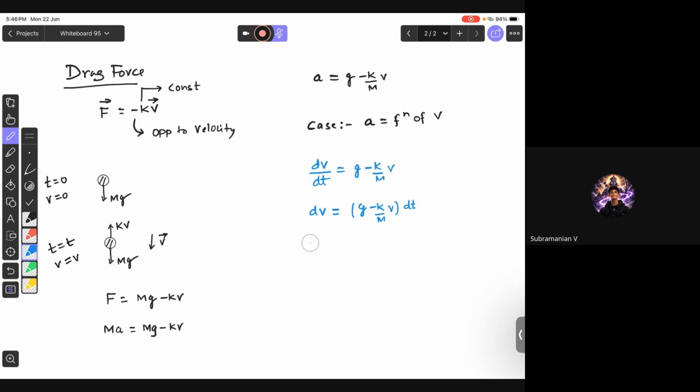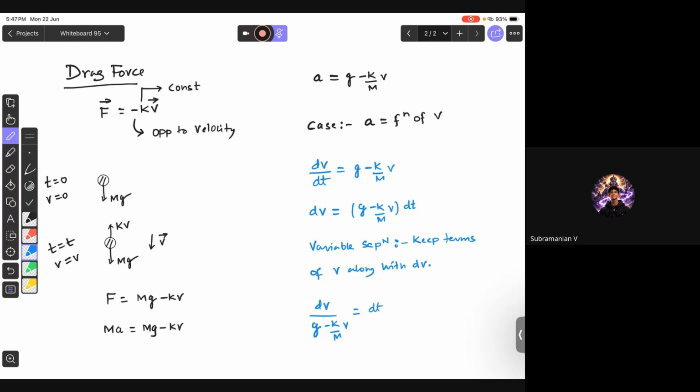So we use variable separation, in which we keep terms of v along with dv and terms of t along with dt. So we get dv by (g minus k by m into v) equals dt.